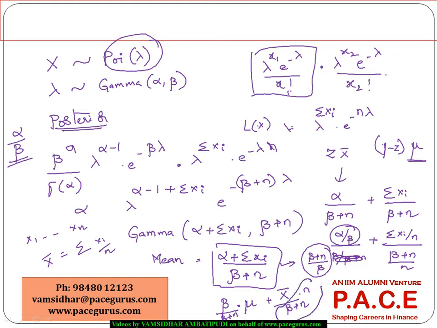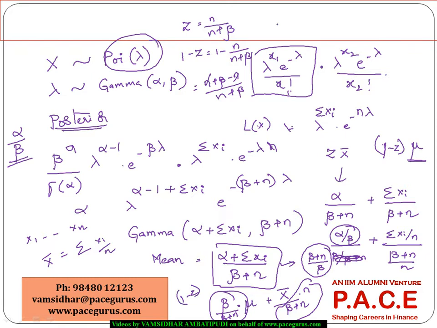Now this has to be my Z. So I can say Z is n by n plus beta. So 1 minus Z becomes 1 minus n by n plus beta, which is n plus beta minus n by n plus beta, giving me beta by n plus beta. So this becomes 1 minus Z.